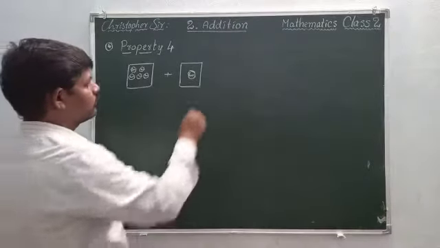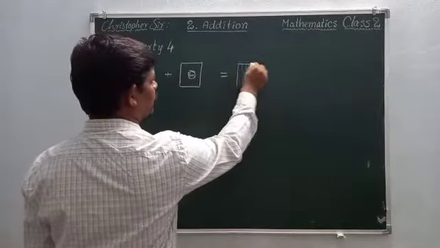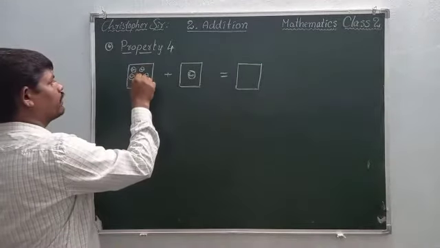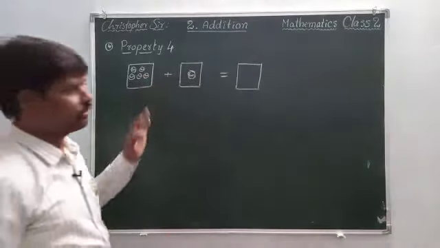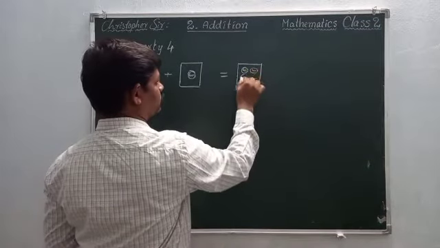Then we have to add these 2 and you can keep them in the next box. 1, 2, 3, 4, 5. 5 plus 1, 5 and 6. So how many total? 6 balls are there.